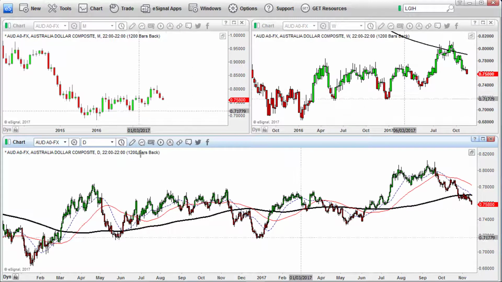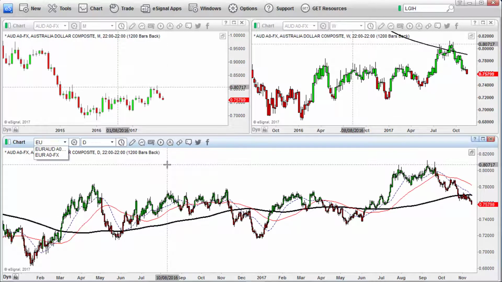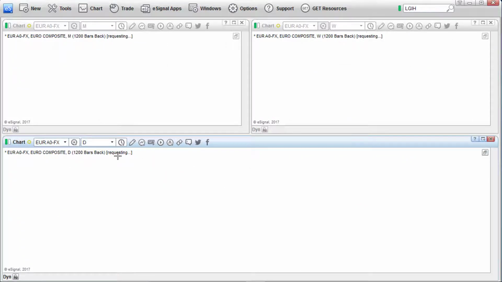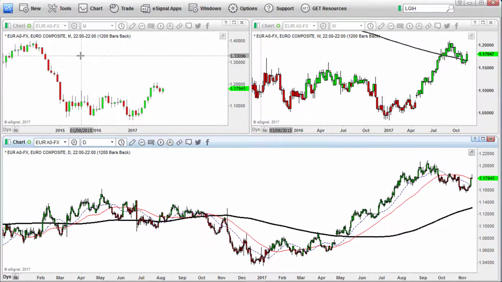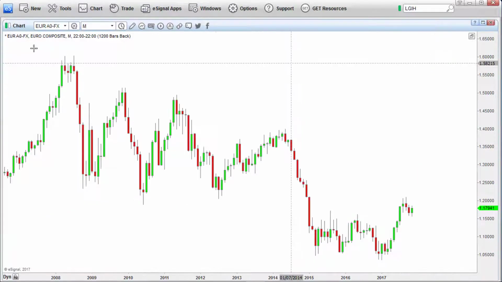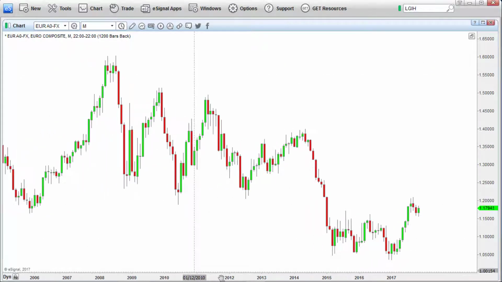The next one we're looking at is the euro against the US dollar. On the monthly chart, again, since 2008 price has just been heading downwards. We have had up moves along the way which you could potentially trade, but overall the market has been moving down, and currently we see a move up.